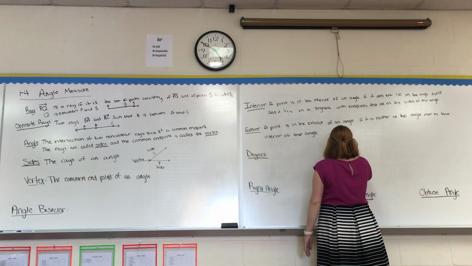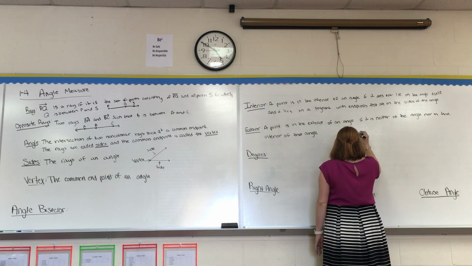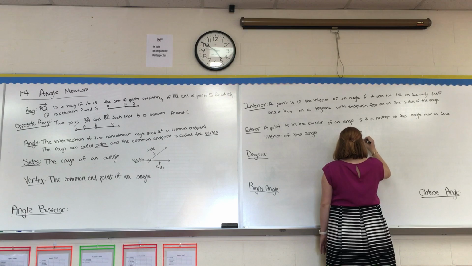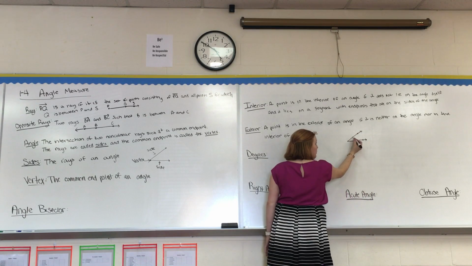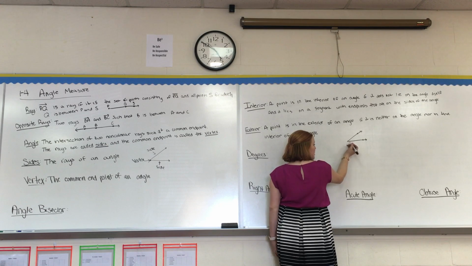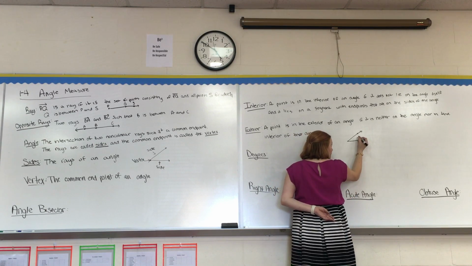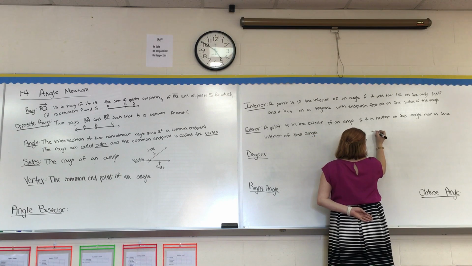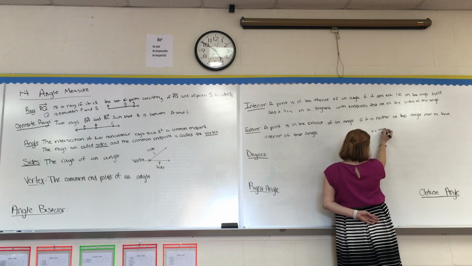So this is exactly like what you guys are probably thinking. We have an angle here with one ray here, our vertex here. So we have one ray as a side, two rays as a side, our vertex right there. A point is on the interior if it's like right there. So M is interior.